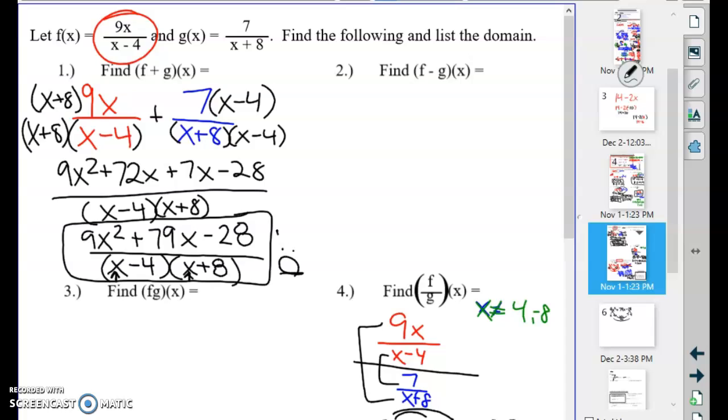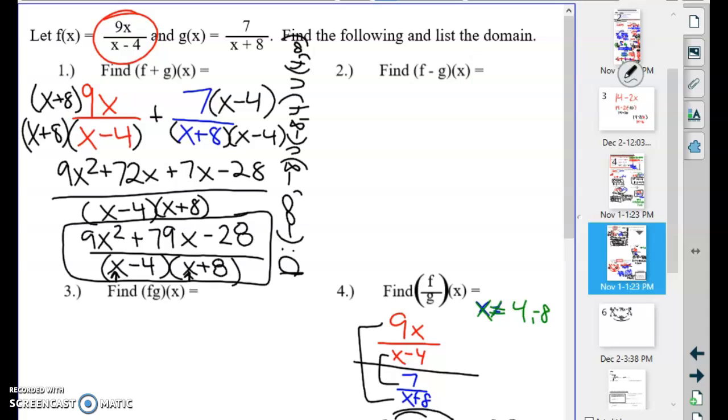So my domain on this, I start at negative infinity, and I go until I get to negative 8. Then I stop, I have a union, and I go from negative 8 to 4. Then I stop, I have a union, and then I go from 4 to infinity. There we go.